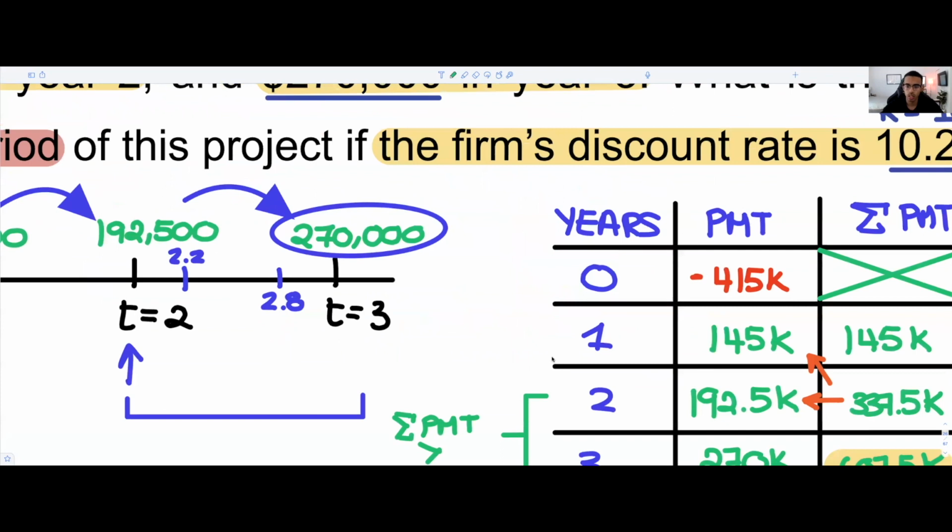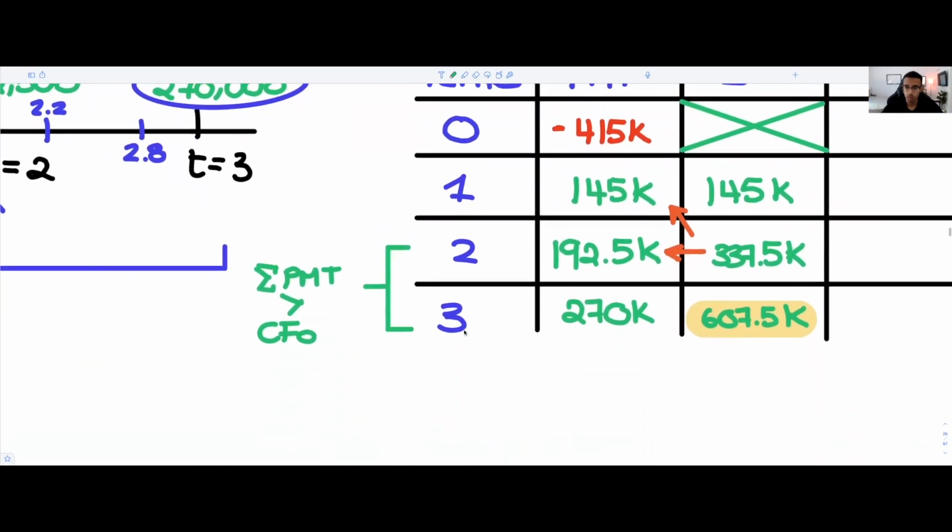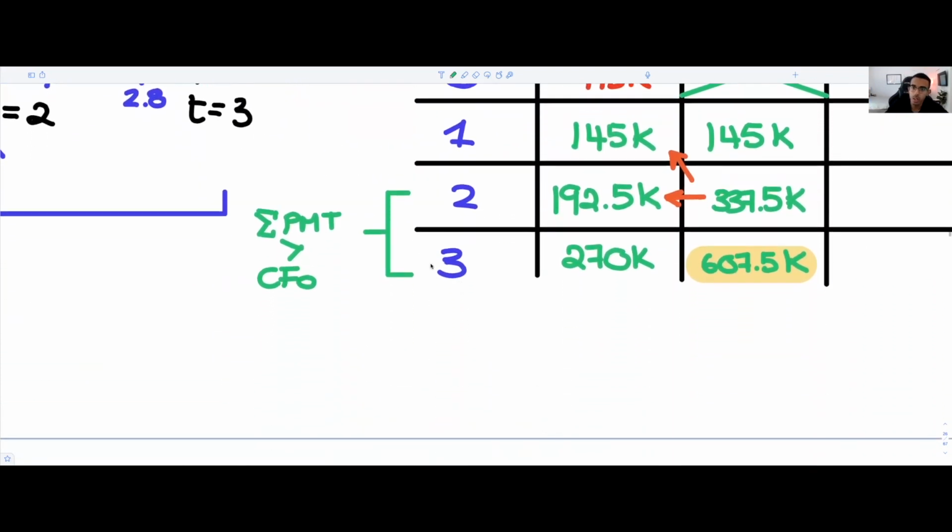So this is an easy trick, and I hope that it's clear for all of you. We know that after 2 years, so now I'll use a different color, we'll use this one, we have this as our sum of all of our cash flows that we made on this project. So in other words, we could also look at, well, how much are we missing, right?